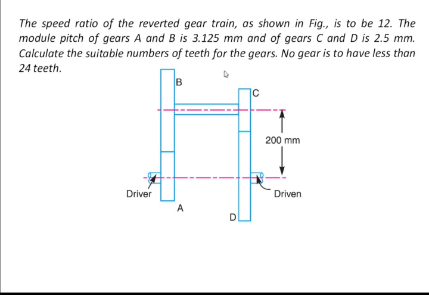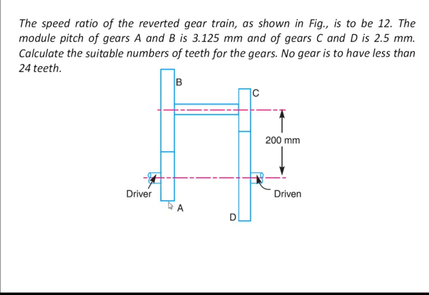So this is a reverted gear train. What is the meaning of a reverted gear train? The driver and driven are coaxial. So this gearing arrangement is mainly used to reduce the size of the gearbox.